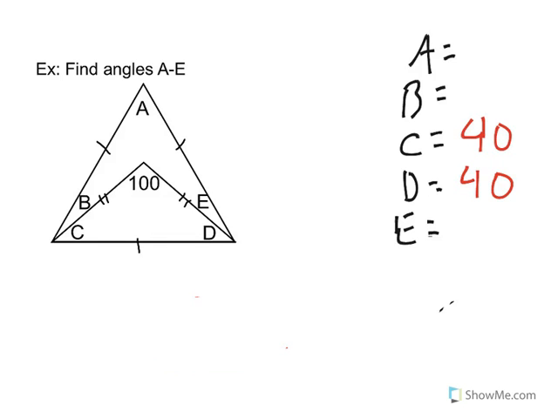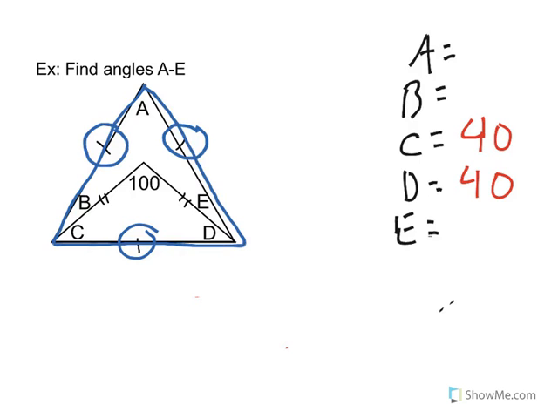So from here you might get a little bit stuck of where you should go next. What's important is to see that the outside triangle has all three of the sides marked off as congruent. So that means that the outside triangle is equilateral.